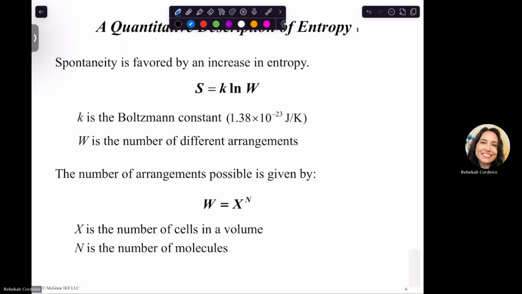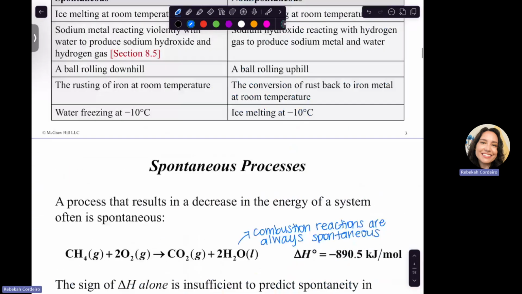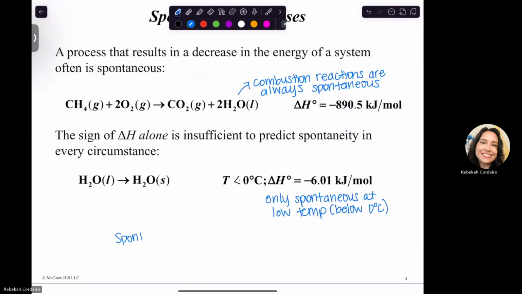So, well, let's go back up here. I want to say real quick here. Spontaneity is favored in exothermic processes. That doesn't mean that endothermic processes can't be spontaneous. You know that some endothermic processes, like melting, are spontaneous in certain conditions.